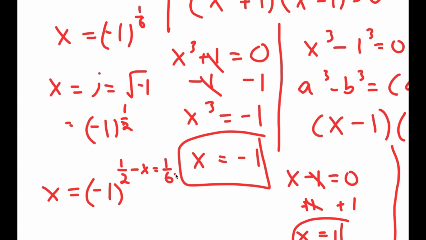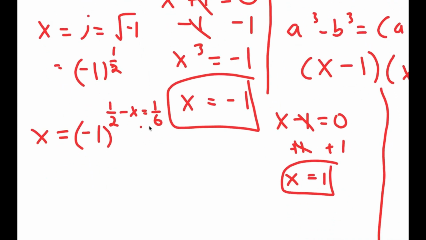So now 1 over 6, or I should say 1/2 minus 1 over 6 is equal to 1 over 3.